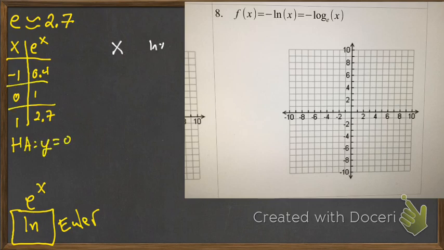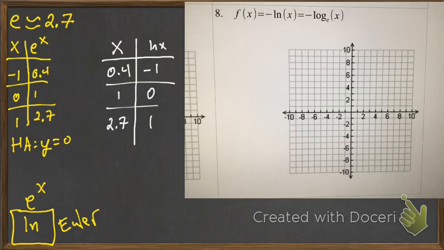Okay, and then we'll go ahead and put this in, x and the natural log of x, so switch your x's and y's. And then your vertical asymptote of x is equal to 0. Okay, so we'll put that information in, and plot that, and connect your dots. Okay, so there's your natural log of x.